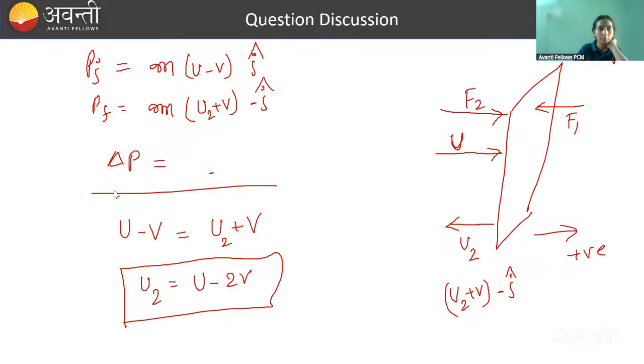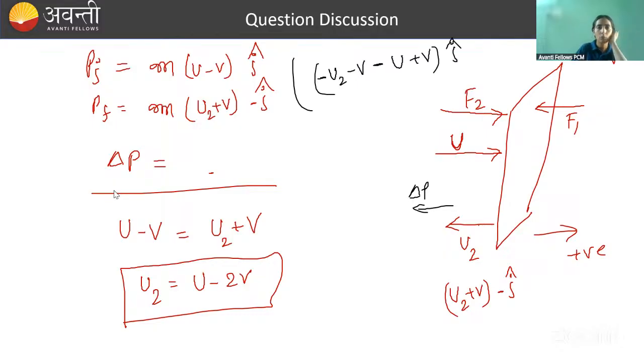If you want me to do it, from here you can easily calculate delta P. Do one thing: take Pf minus Pi. So delta P you will be getting in this direction, right? So that is equal to how much? This is in the minus i cap direction. If you write direction-wise, write it properly: minus U2 minus V, this is i cap, and this minus you will do with this, so minus U plus V, and this is your i cap.